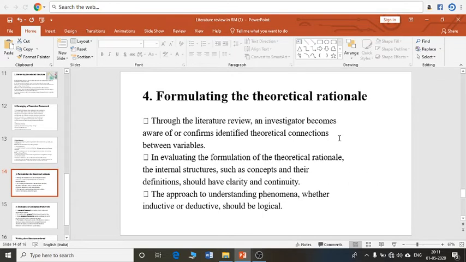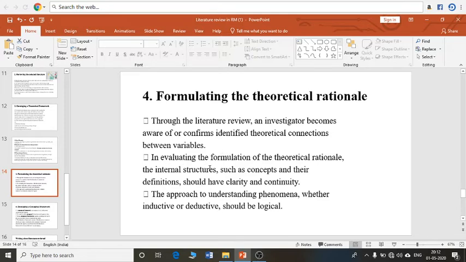Then formulate the theoretical rationale. Rationale means having some reasoning and logic. Through the literature review, an investigator becomes aware of, or confirms, the theoretical connections between the variables.